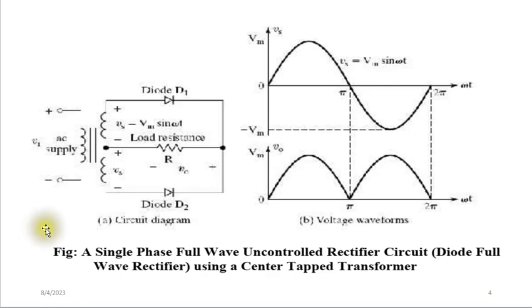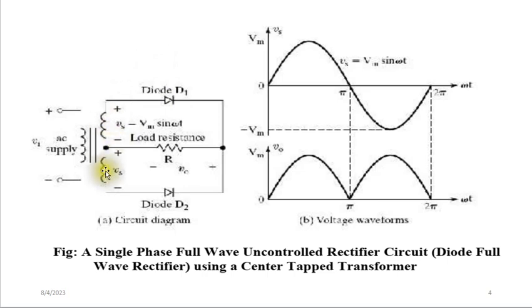Here is a typical single phase full wave uncontrolled rectifier circuit, that is the one that changes AC to DC, and we call it uncontrolled because we are using diodes. As I told you earlier on, the diode does not have control terminal, therefore we call this type of converters uncontrolled.